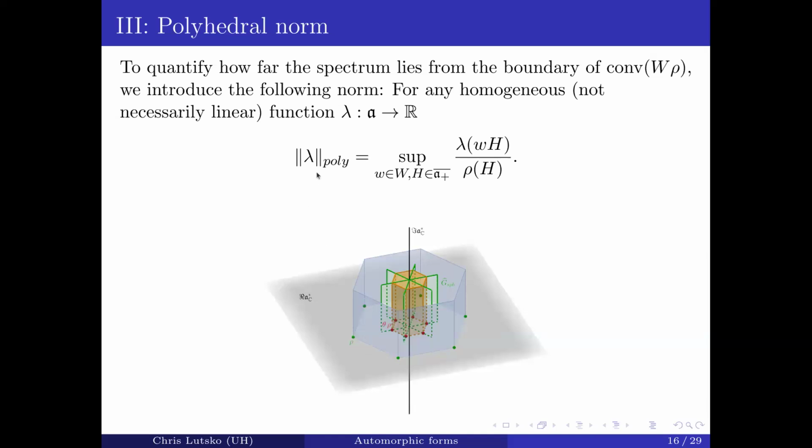So we introduce this notion of this polyhedral norm, and it tells you the ratio between this blue polyhedron and this orange polyhedron, or like the radius of that polyhedron. Okay. So now we have this polyhedral norm, and this is how we will measure distances in the spectral world.